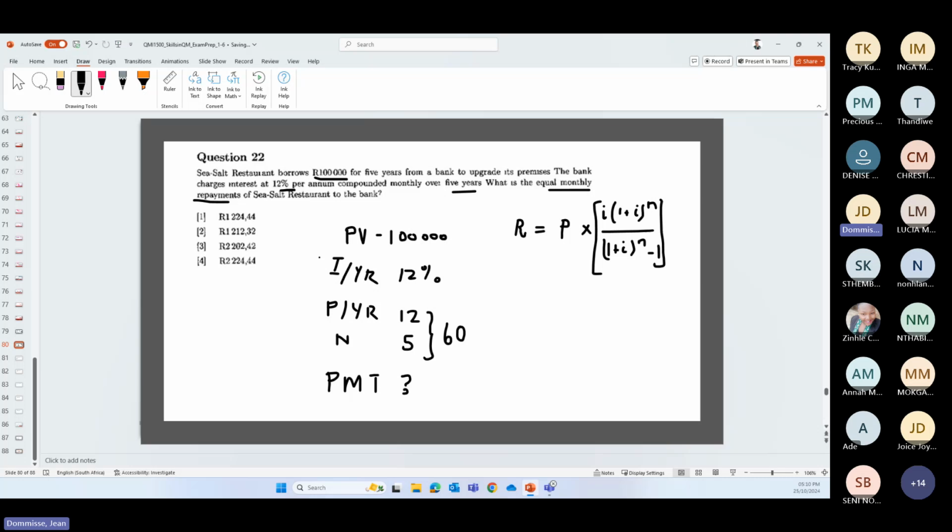So it's a present value of 100,000. We will end up with 0 future value because you've paid off the loan. I normally put that in, just to make sure that my computer does not mess it up. 12% interest per year, 12 times per year for 5 years, so that is 60 periods.